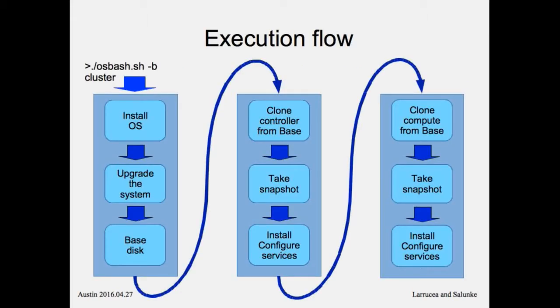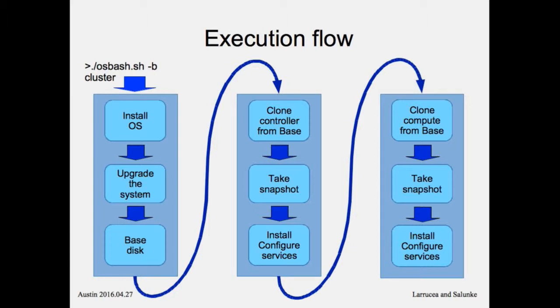So I will take a deeper look into the architecture of OSbash. As Julen mentioned, it's really easy to set up and very predictable, and that also means that we have to do some really complex things without touching the environment of the user. That's something we do with virtual machines, and that's also why it's so easy to delete and uninstall the entire environment.